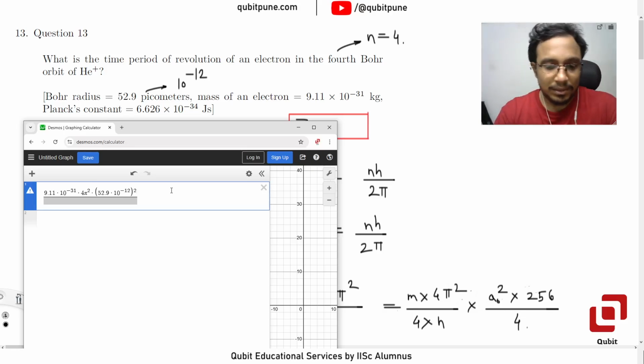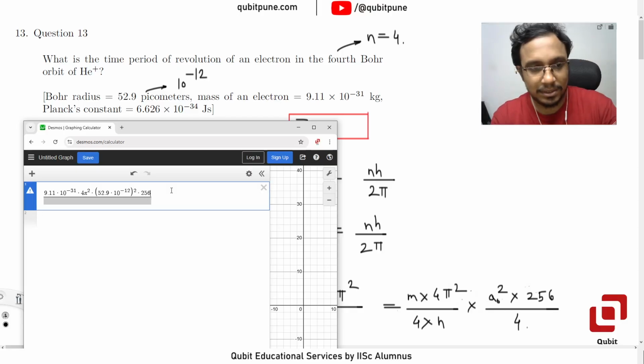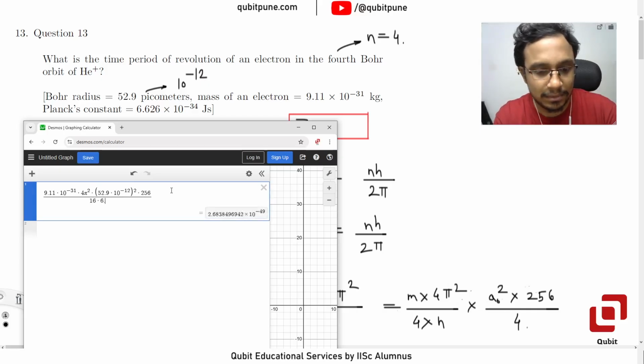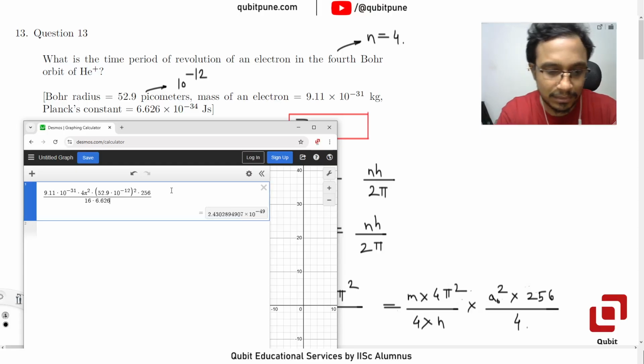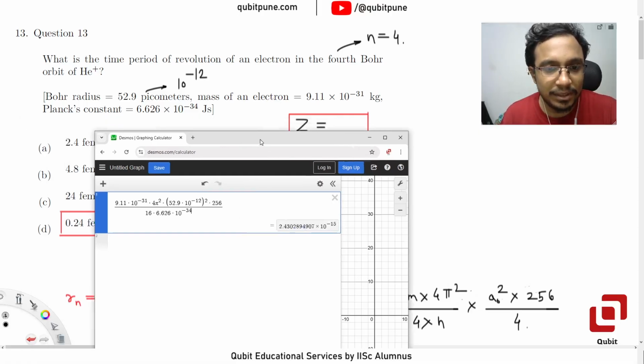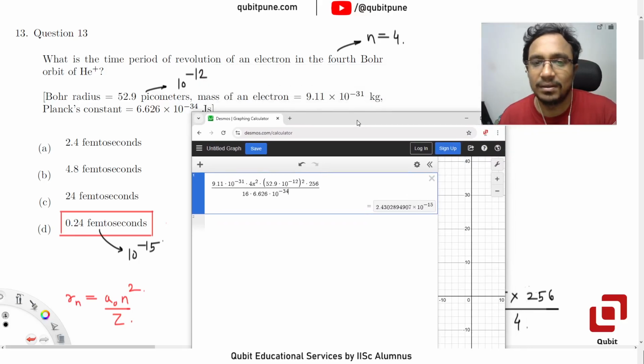A naught squared into 256 upon 16 into Planck's constant. 2.43 into 10 raised to minus 15. That's correct.